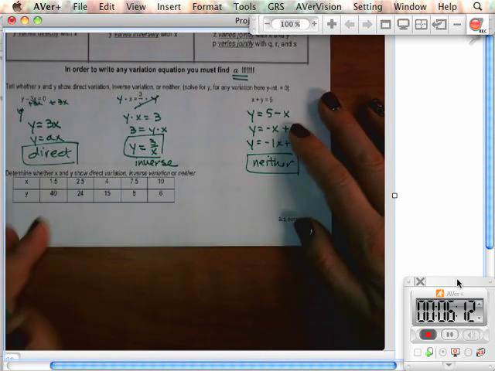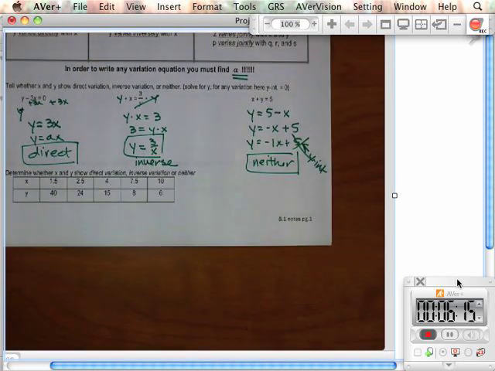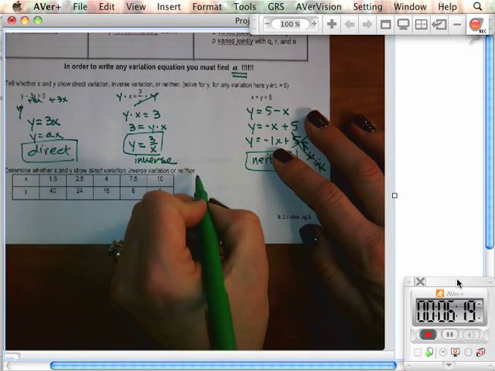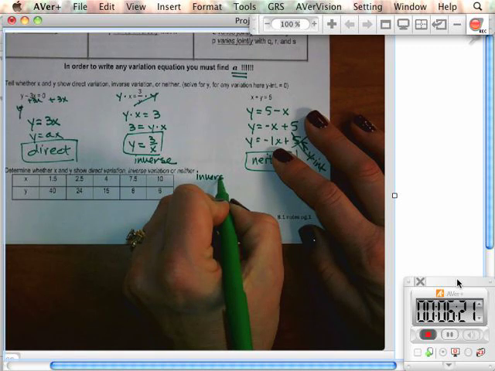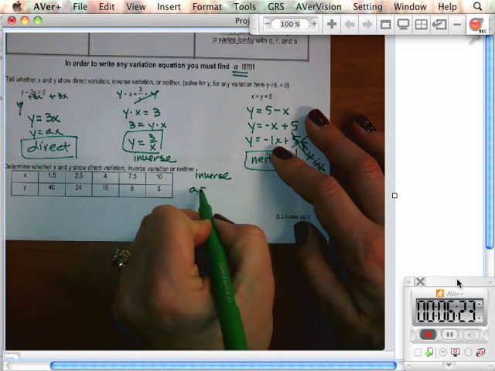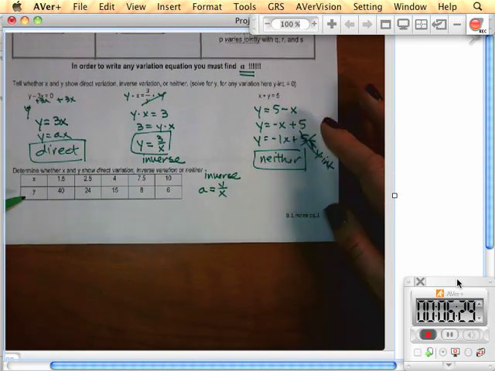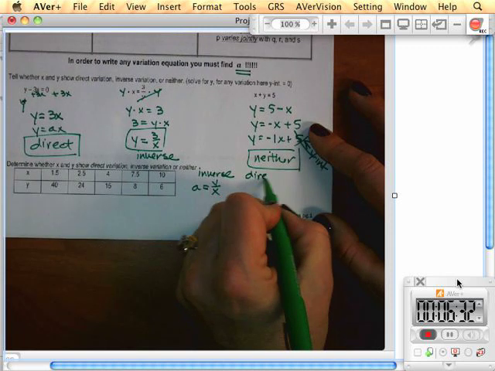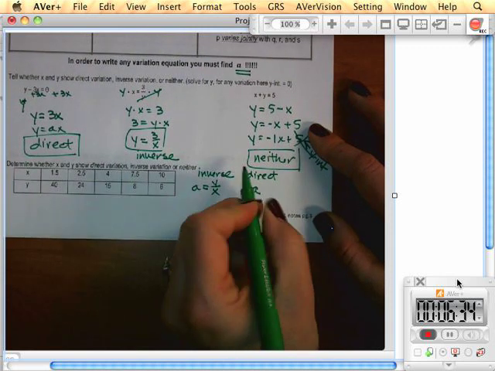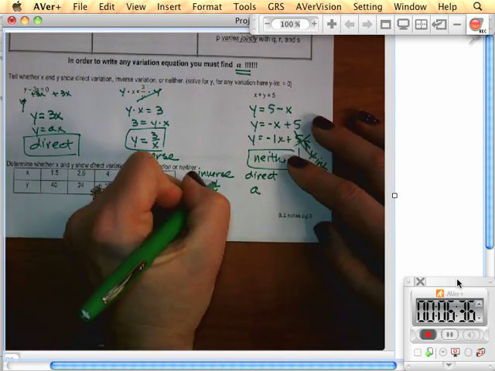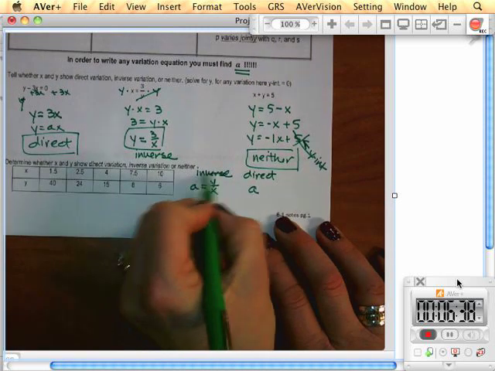Now, if it's direct, it's going to look like this. Hold on, I've got so many sheets here. Inverse is this. A equals y divided by x. X and y are represented here. Direct, A equals, I'm sorry, I wrote it wrong, didn't I? This is direct.